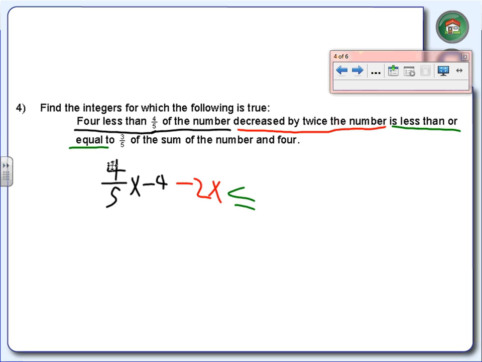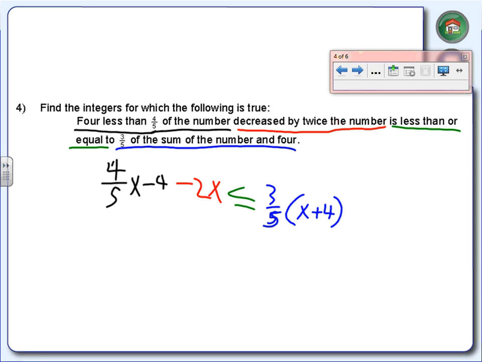And the last part says 3/5 of the sum of a number and 4. So underline that statement. And what did you write for that statement? Very good. Notice the x plus 4 is in parentheses, guys, and that is important.